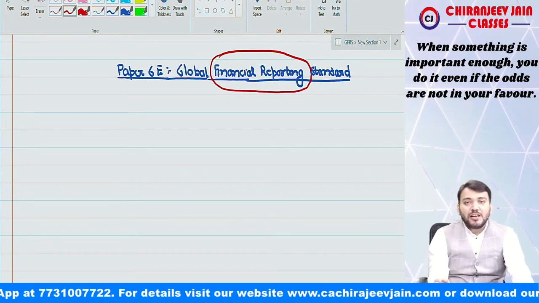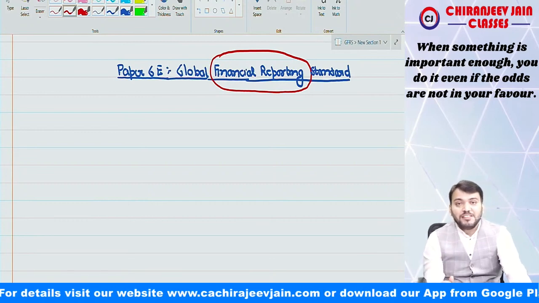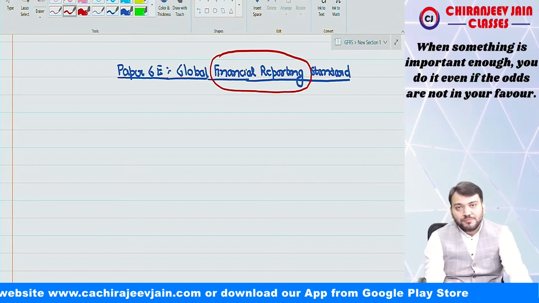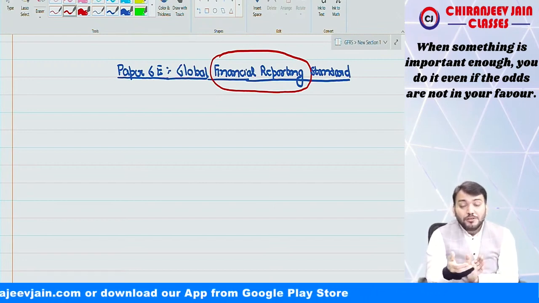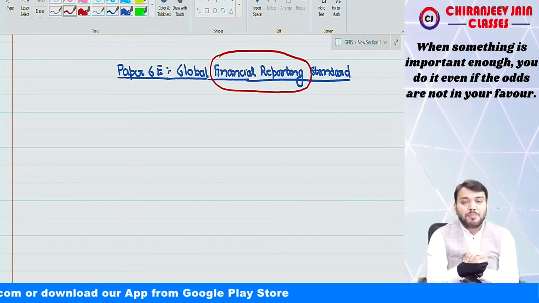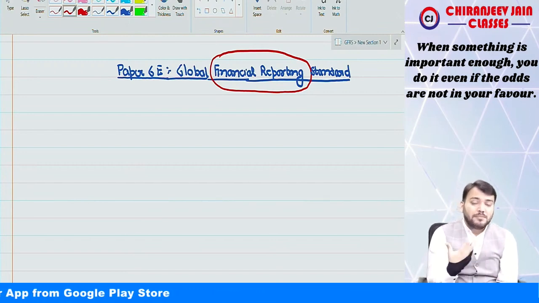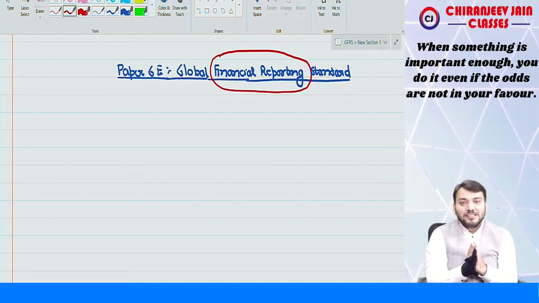Now one doubt will come: sir, we have done the coaching of paper 1 Financial Reporting some years before. It might happen you did it 2 years before and now you are taking coaching of paper 6C Global Financial Reporting Standard. So it might happen that whatever you learned or understood in the financial reporting paper, you have forgotten, and you have not done the revision.